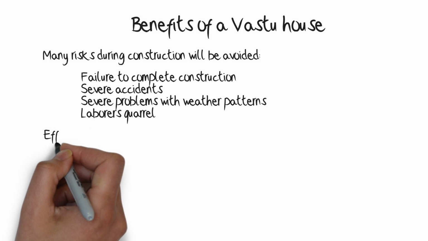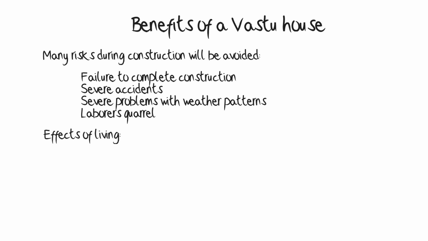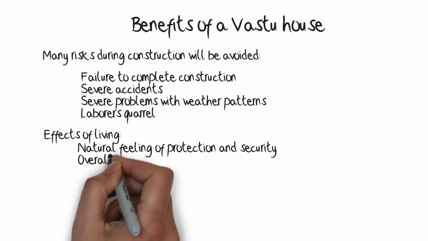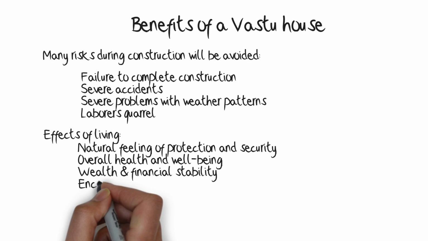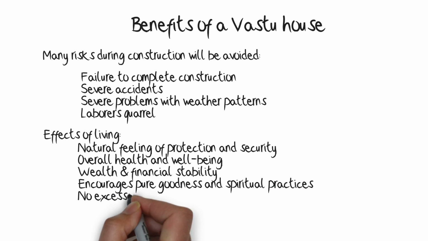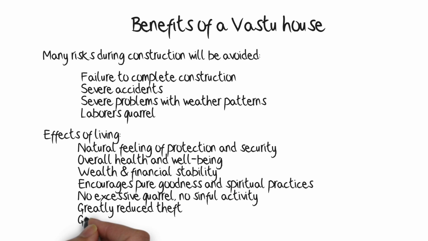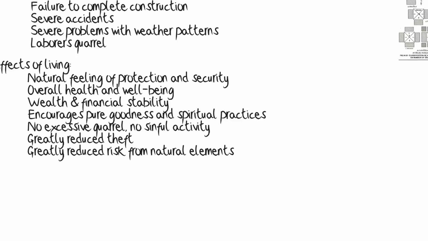What are the effects of living in a Vastu house? A natural feeling of protection and security, overall health and well-being, wealth and financial stability, encouragement of pure goodness and spiritual practices, no excessive quarrel and no sinful activity, greatly reduced theft, and greatly reduced risk from natural elements.